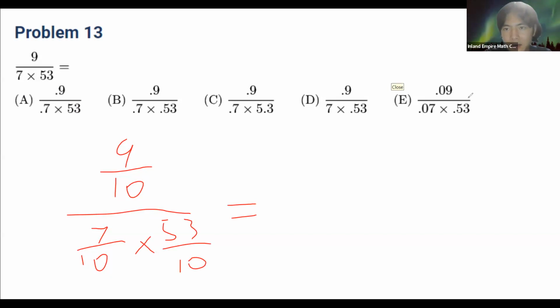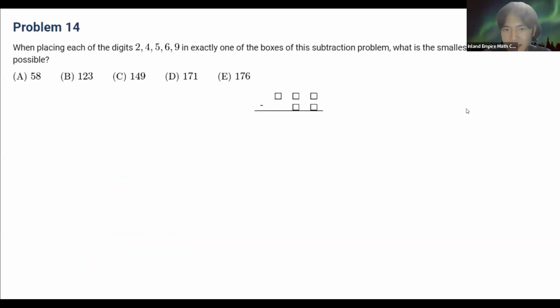Okay, let's continue. Did anyone get the answer to this one? E. C. Okay, I'm seeing some C's.